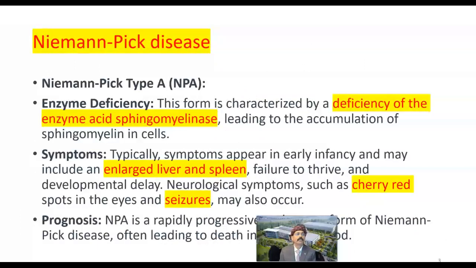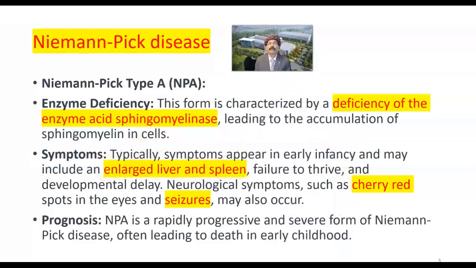Now let's start Niemann-Pick disease type A. What is the enzyme deficiency? This form is characterized by deficiency of the enzyme acid sphingomyelinase, as we just learned, leading to the accumulation of sphingomyelin in cells. What are the symptoms? Typically, symptoms appear in early infancy and may include an enlarged liver and spleen.